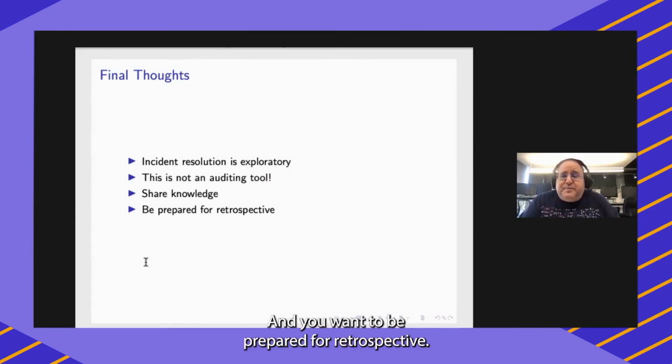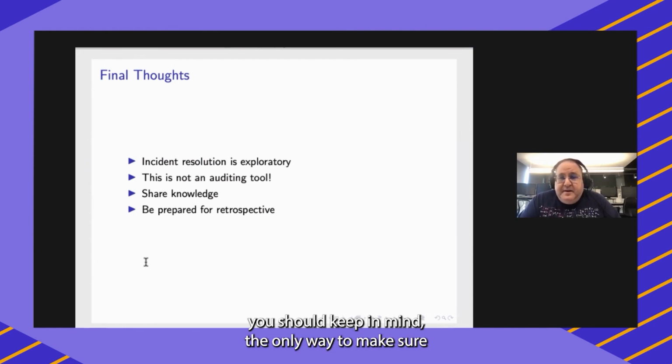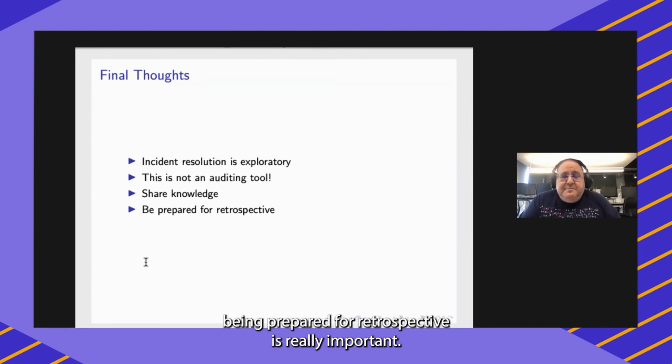And you want to be prepared for retrospective. Even as you're managing the incident, you should keep in mind, the only way to make sure that you don't wake up again at 3 a.m. is to have a retrospective and to figure out how things went wrong and what we can do to prevent it in the future. As you're managing the incident, being prepared for a retrospective is really important.